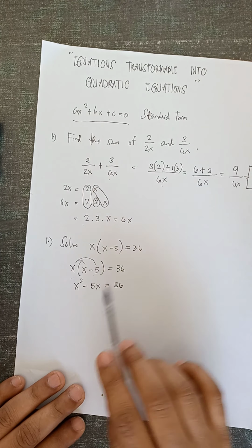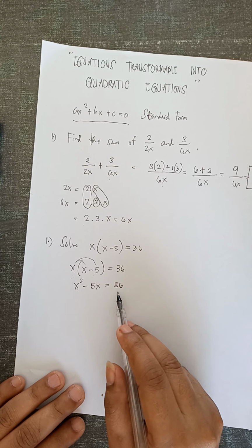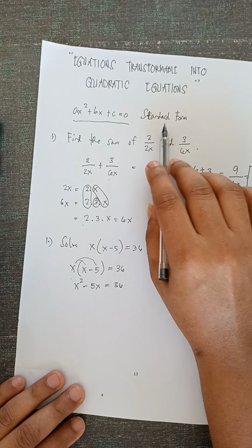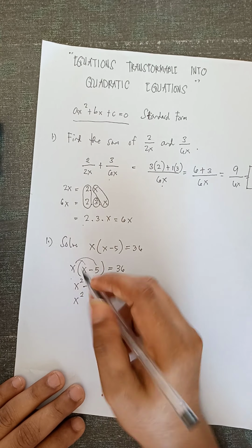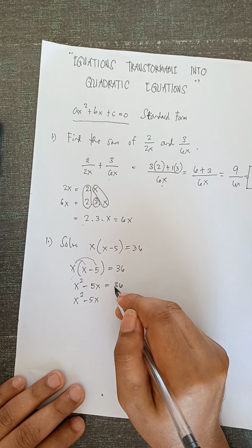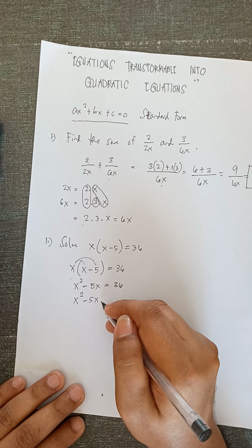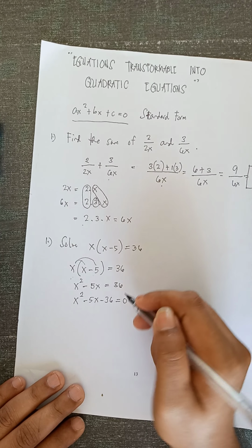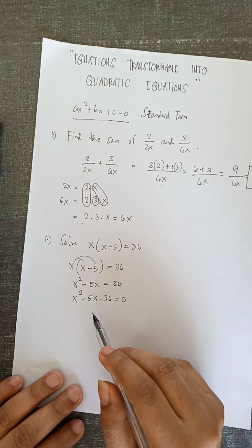So it is still not in standard form. What we're going to do next is transpose 36 to the left side so that only 0 remains, and that will become a standard form. So we have x squared minus 5x. Since 36 is positive on one side, if we transpose it to the other side, it will become negative 36 equals 0. So now it is in standard form.